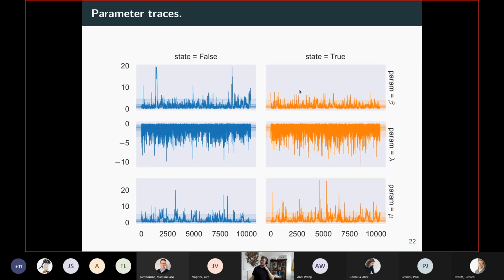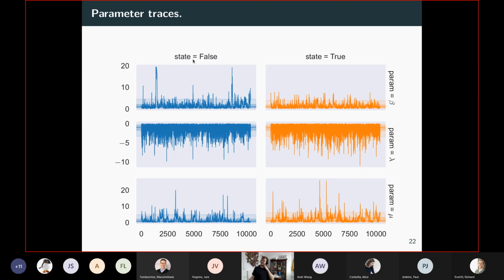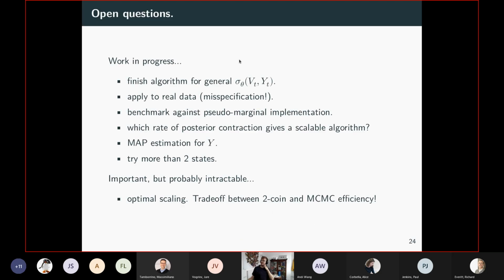This was entirely simulated data from the correct model. And typically, your model is going to be misspecified for any real data set. And this will tend to slow down your algorithm. So this is something that we're still working on.